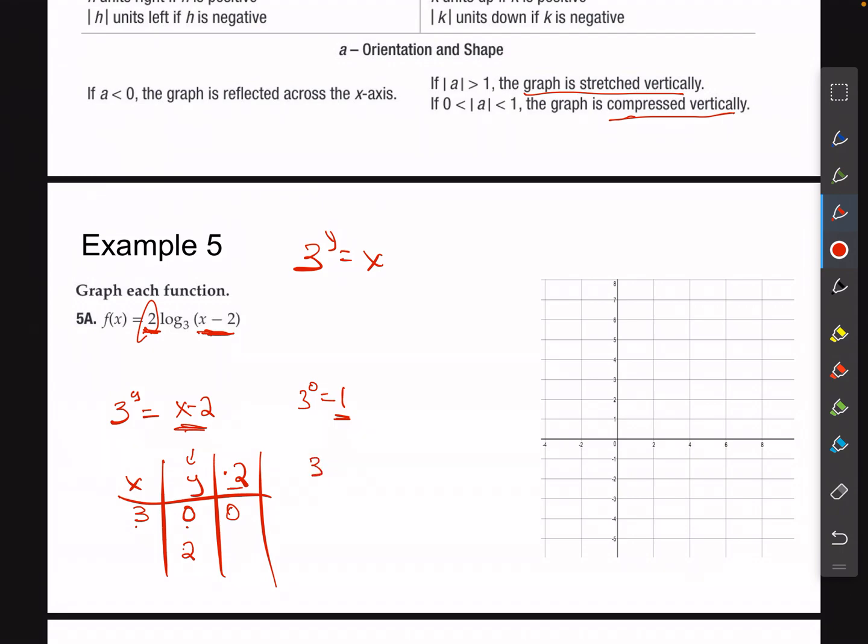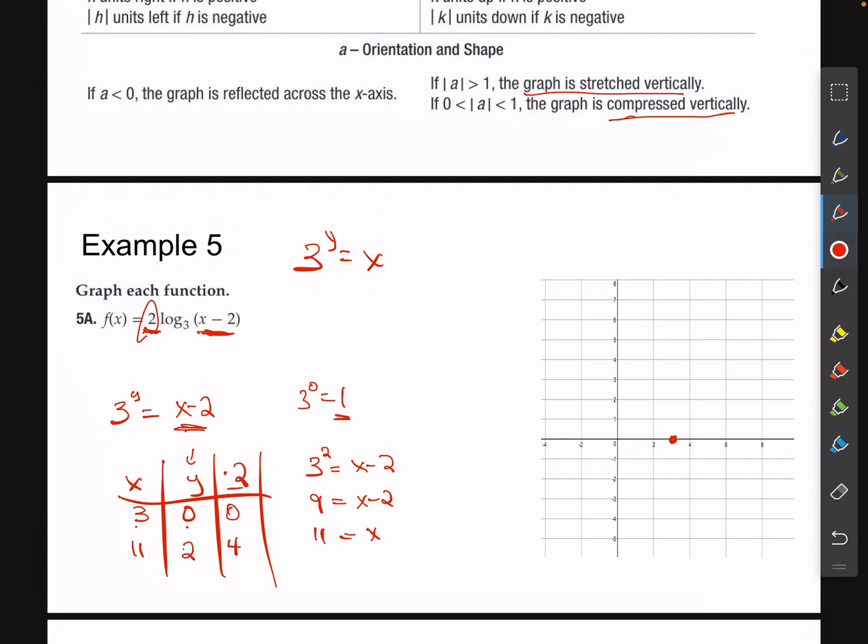I'm saying 3 to the 2 is equal to x minus 2. This is 9 is equal to x minus 2. So x, therefore, is equal to 11. But then I got to multiply my y value by 2. So then I really have 4. So my points here, when I go to graph this, are going to be at 3, 0.